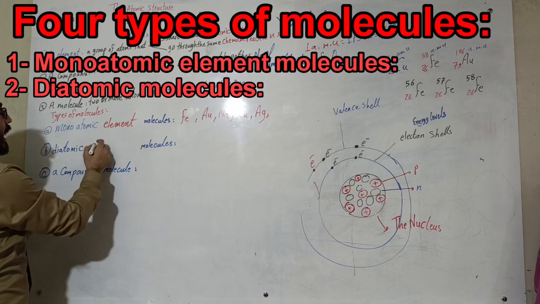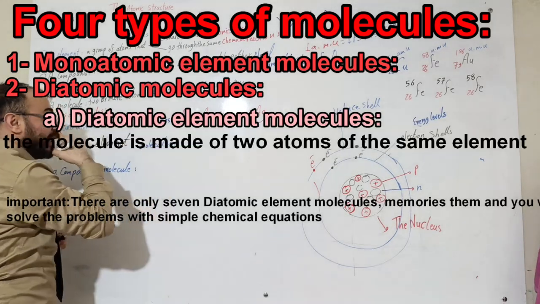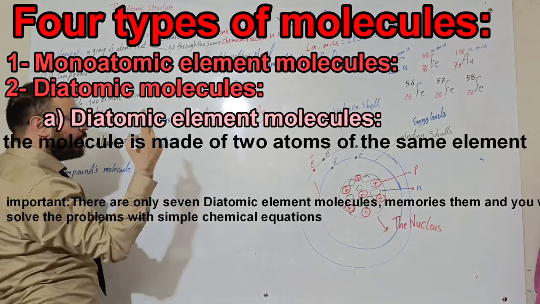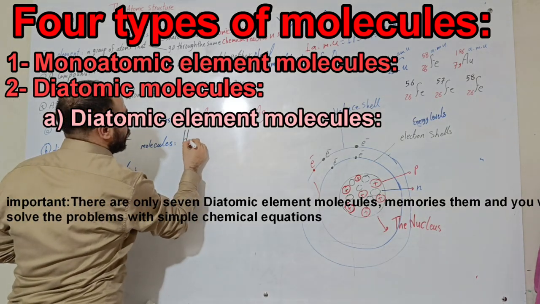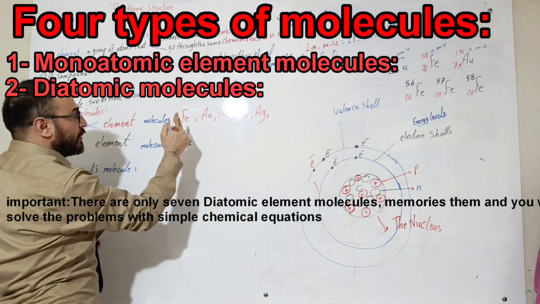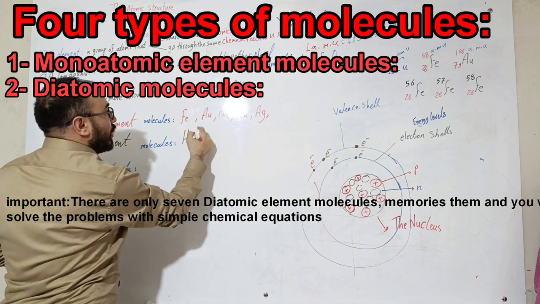What about diatomic molecules? Those diatomic element molecules are made up of the same elements, the same atoms, but they come in pairs. For example, hydrogen. Hydrogen molecule is made up of two atoms. Iron molecule is made up of one atom.